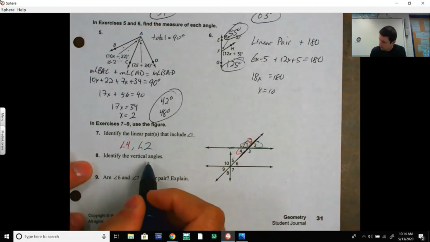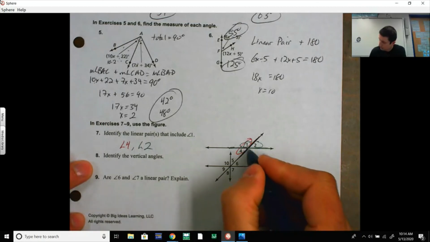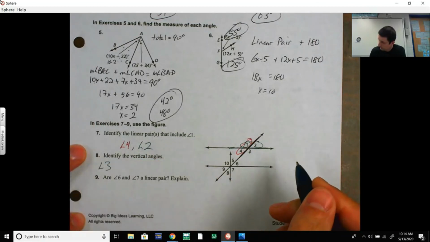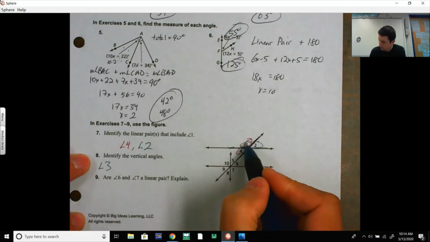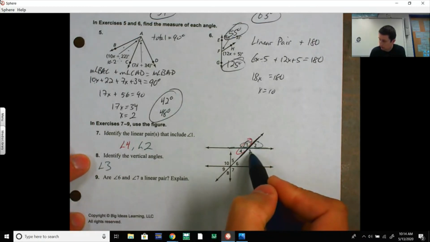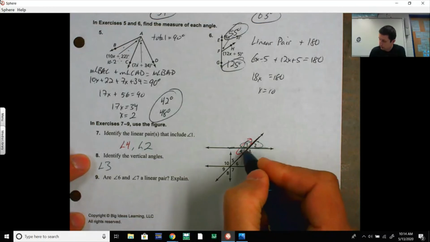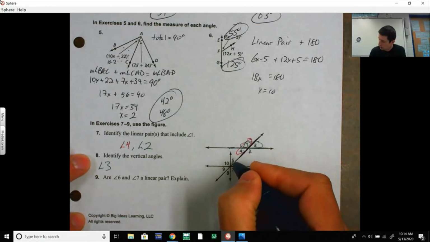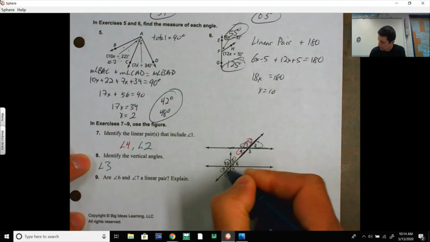Identify the vertical angles. Well, vertical to angle 1 would be angle 3. Okay, if we're referencing angle 1, angle 3 would be a vertical angle. 2 and 4 are vertical angles. That would be another pair, 2 and 4. You could go here, 5 and 8 are vertical angles. 10 and 7, 6 and 9.